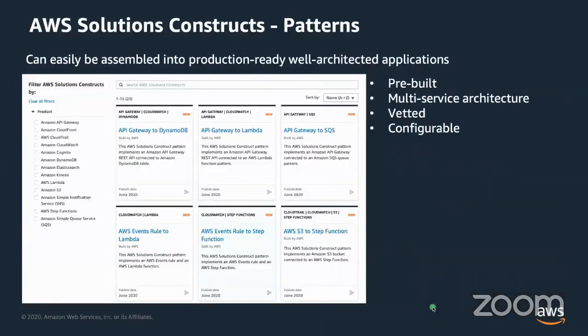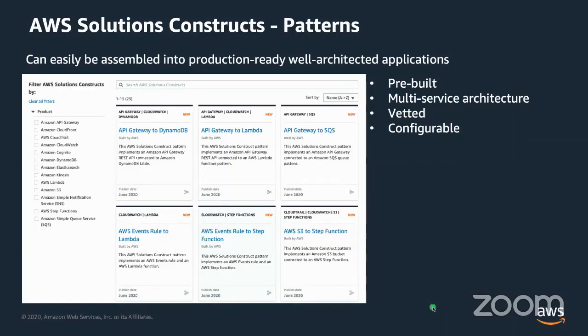Just this week, I think 22nd June itself, we announced solution constructs. And solution constructs are nothing but patterns. They are production ready, well architected applications. These are pre-built, vetted by AWS solution architects, and these could have multiple services, and they are configurable. So they will have certain defaults, but if you want to configure them, you could also do that.